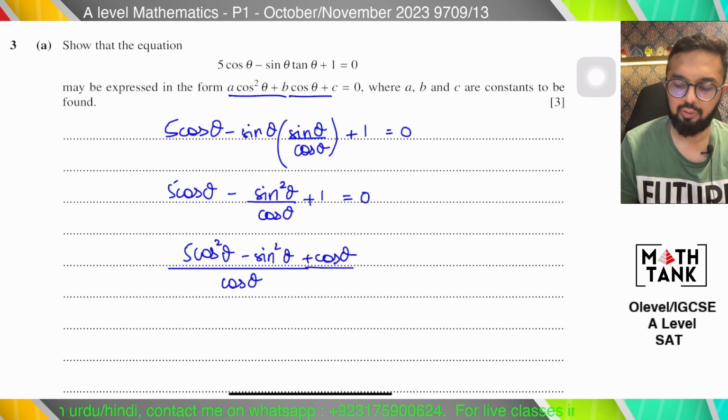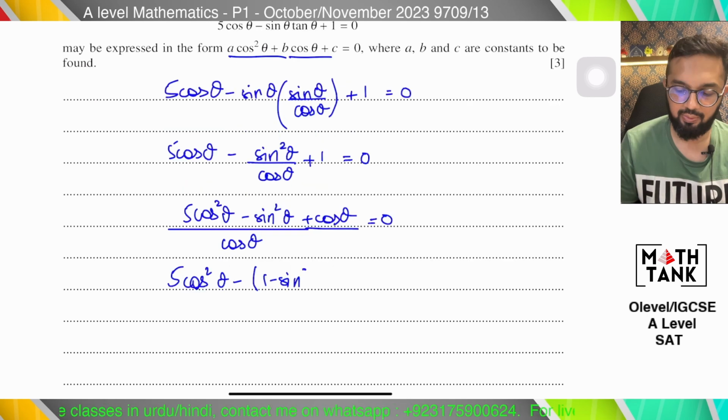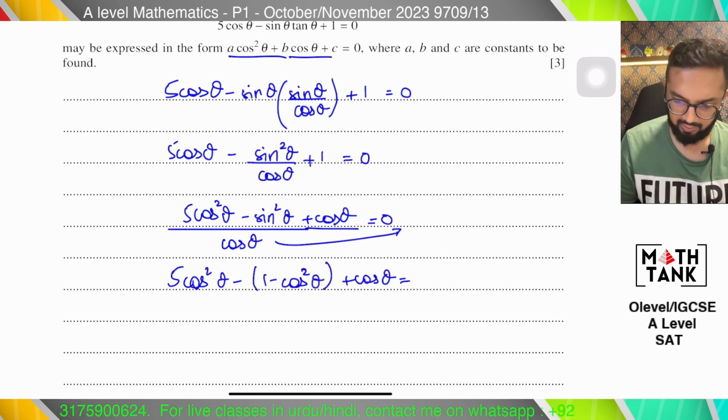Okay, so 5 cos squared theta minus 1 minus cos squared theta. This cross multiplies and becomes 0.